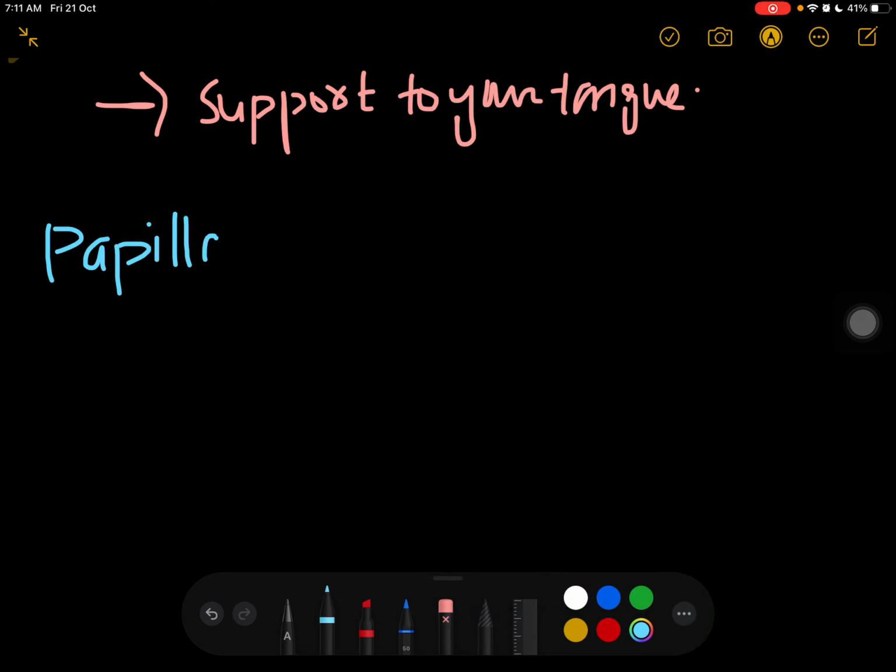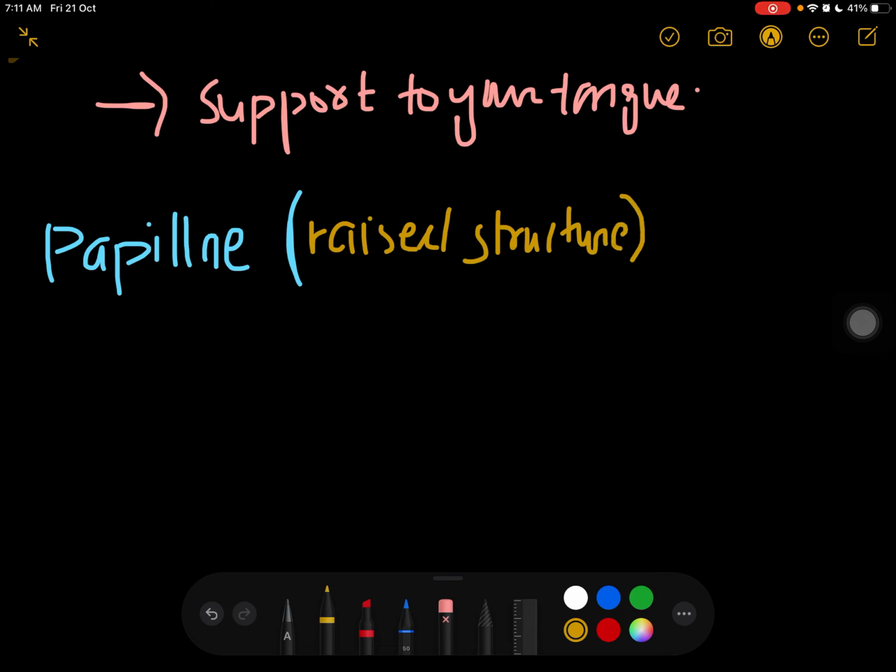So now let's talk about papillae. What are papillae? Basically, a papilla is a raised structure, or you can say tiny bumps, which contain taste buds.